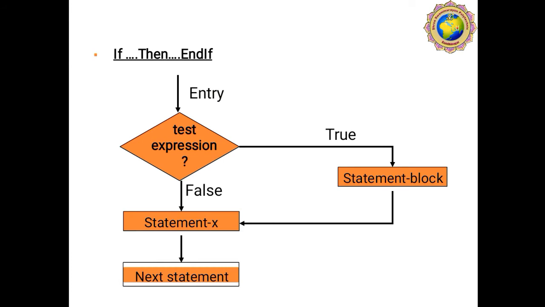First of all, the if statement. Here we enter and test the condition. If the condition is true, then the statement block is executed. If the condition is false, the statement block is skipped. So the if decision making statement checks the condition first.